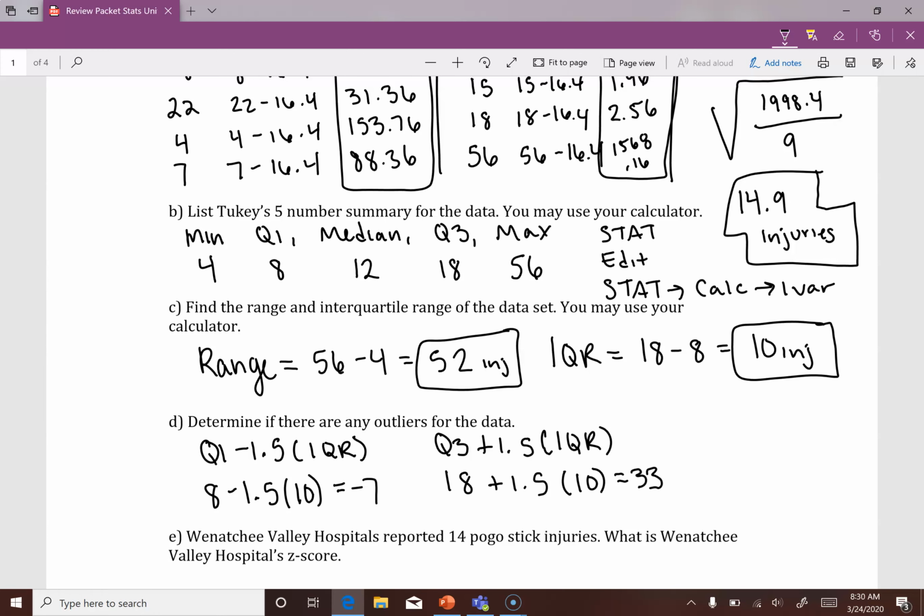So we need to answer this question, and to do so we can say anything less than -7 is an outlier.